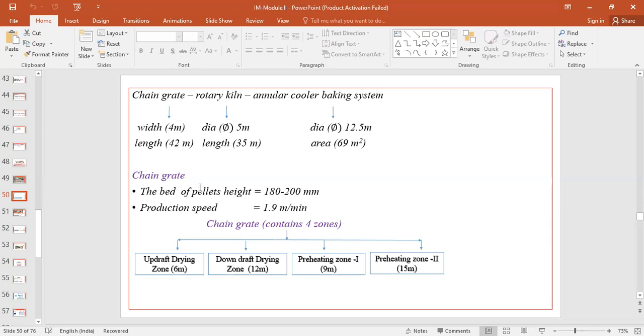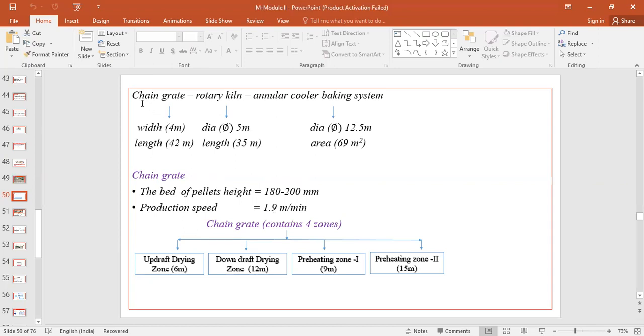And on this traveling grate, we arrange the pellets in the form of a bed of height approximately 180 to 200 mm, and the production speed of this machine is around 1.9 meters per minute.